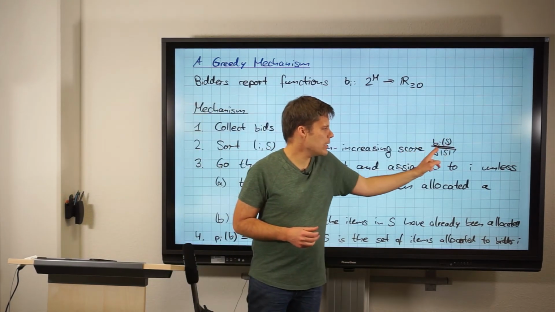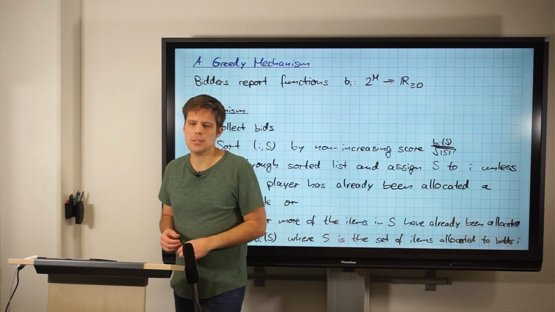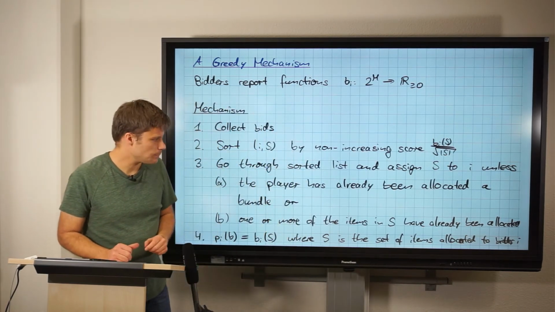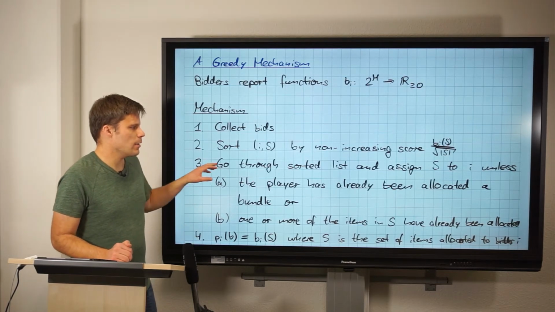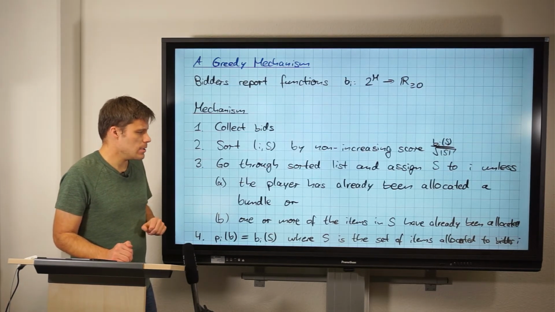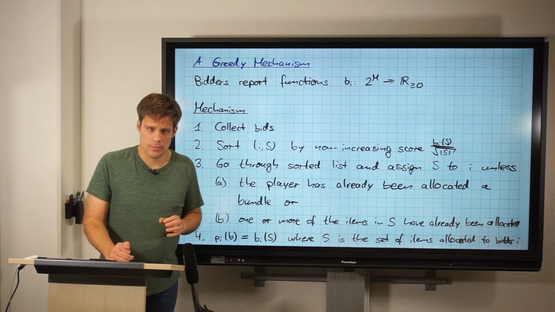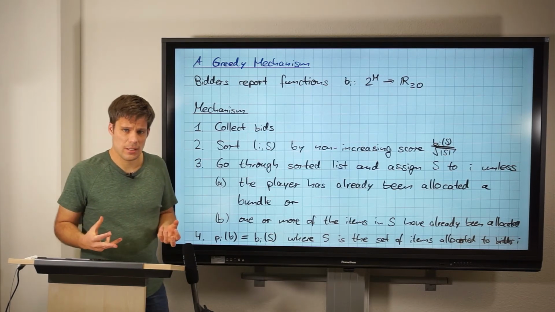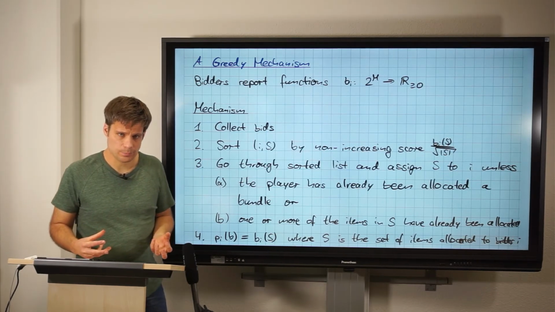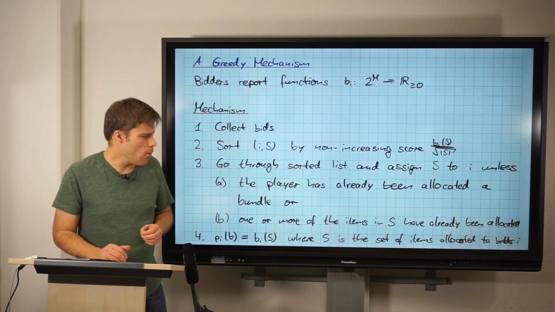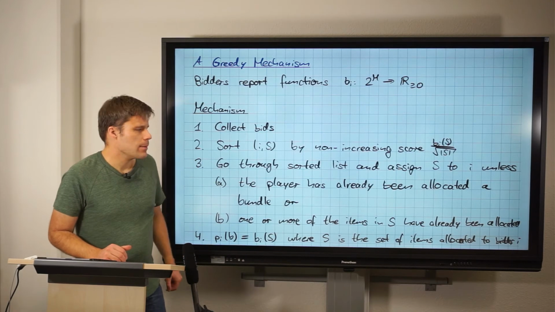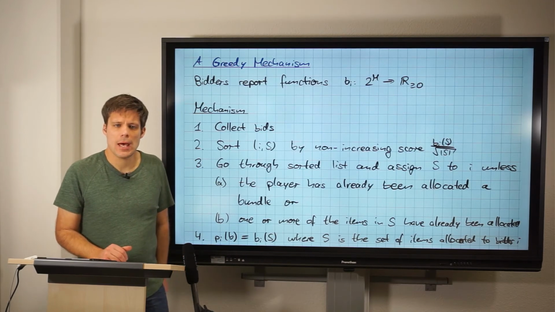How much are they bidding divided by the square root of the size of the set. And we'll go through this sorted set of pairs, and we'll turn this into an allocation unless this bidder has already received something before, or one of the items we have already allocated.